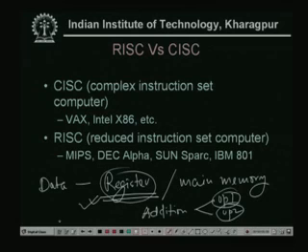Earlier, some examples of CISC machines were the VAX and Intel x86, and nowadays all the machines are RISC. There are MIPS machines, DEC Alpha, the Sun SPARC, the IBM machines.